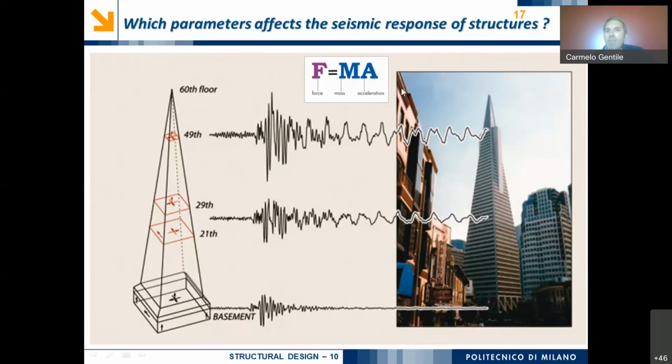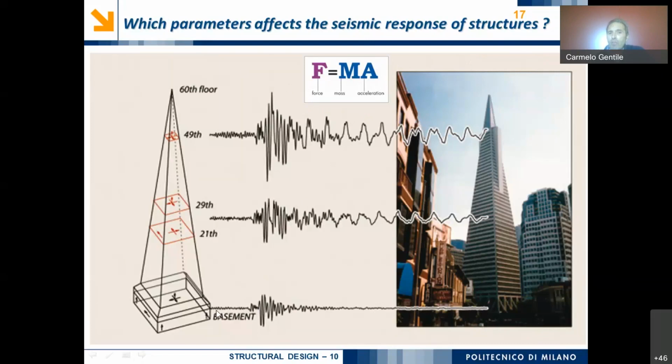So we have inertia forces which are proportional to the change in the velocity. But the change in the velocity is an acceleration. Okay, but let's see how the acceleration is changing in a real building or even in a cantilever structure.